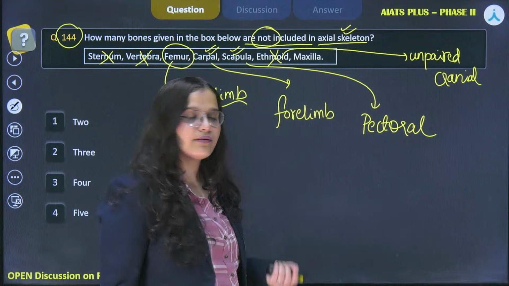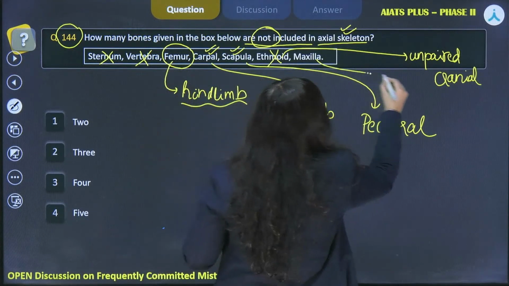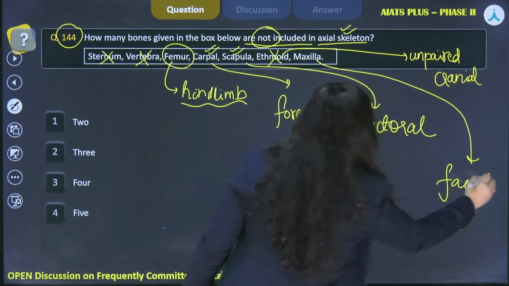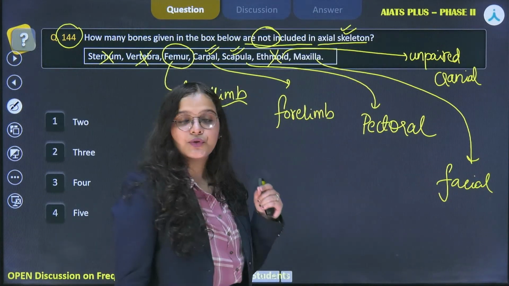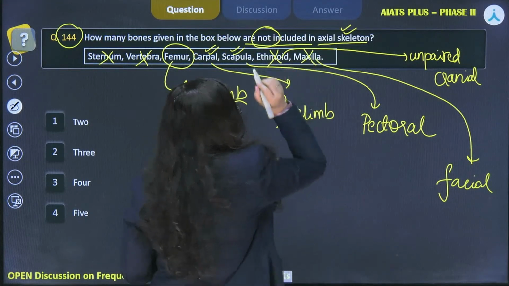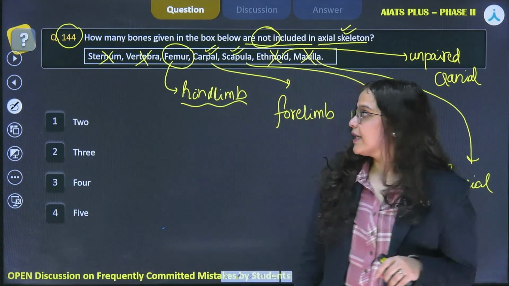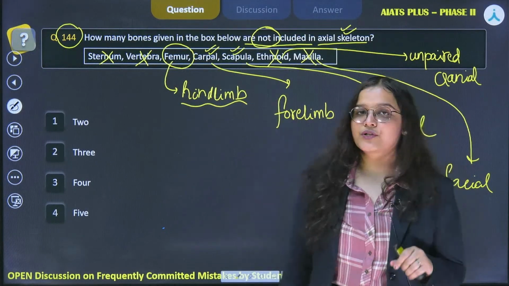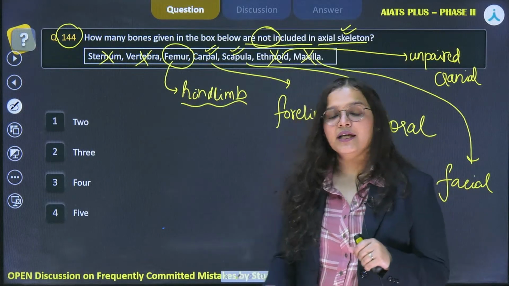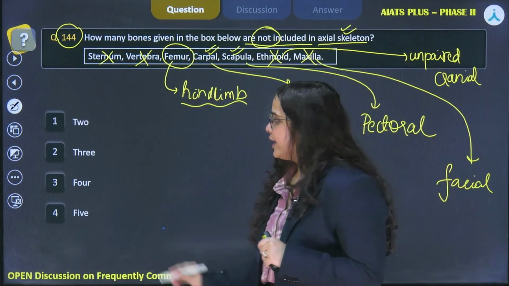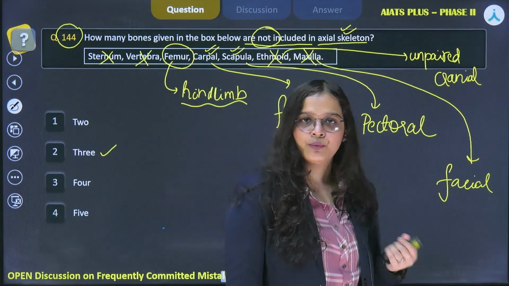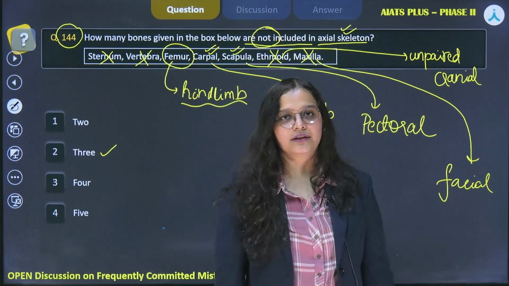Then we have the maxilla, which is a facial bone, and therefore it will also be categorized as the axial skeleton. And thus in total we can see that we have just 3 names which will be categorized as the appendicular skeleton, and we were looking for only those in our answer, and our second option states 3. Therefore the right answer will be option 2, and we will straight away eliminate the other options.